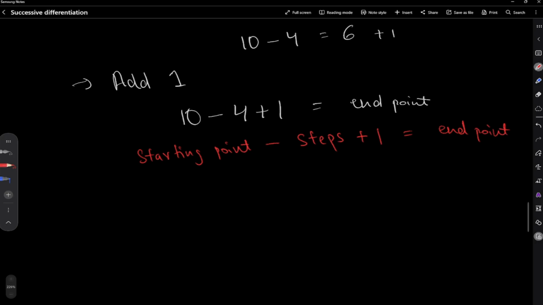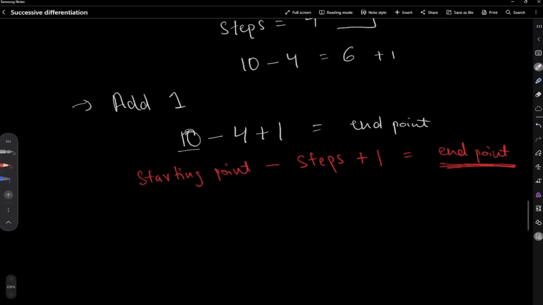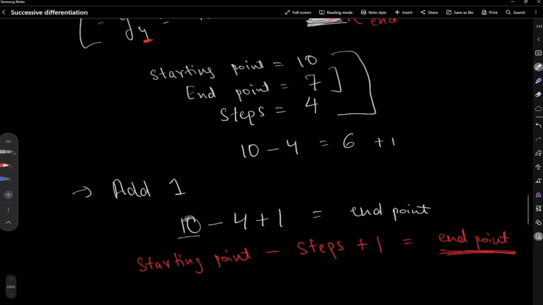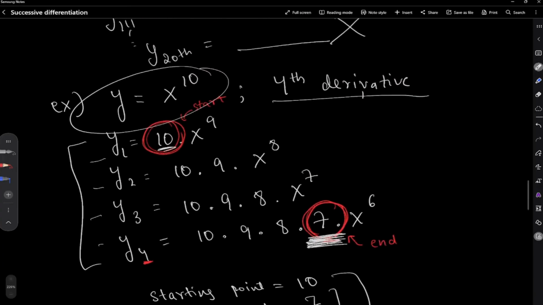Okay, so to get this answer, the starting point we took is 10. Instead of writing 10, I'll write something else. If you come up here, you can see where I got this 10 from, right here. And what is this called?